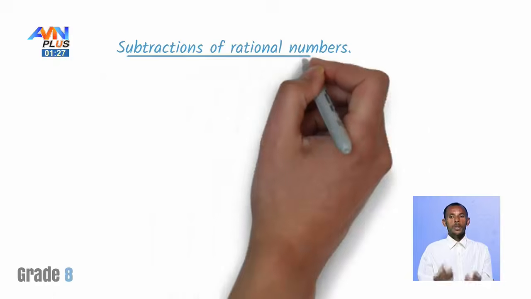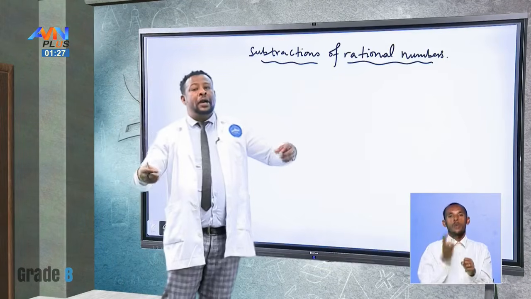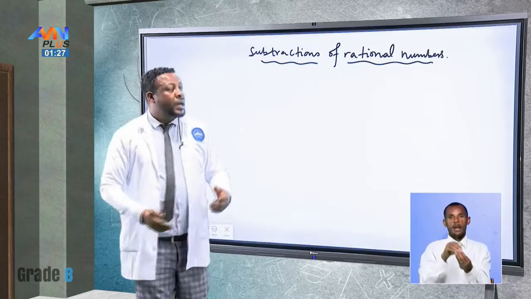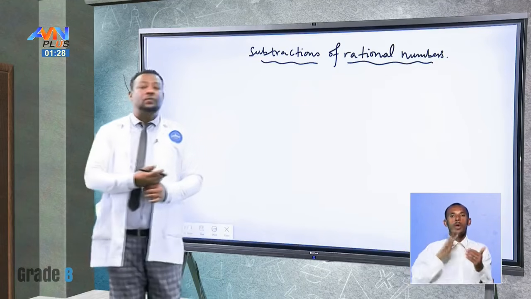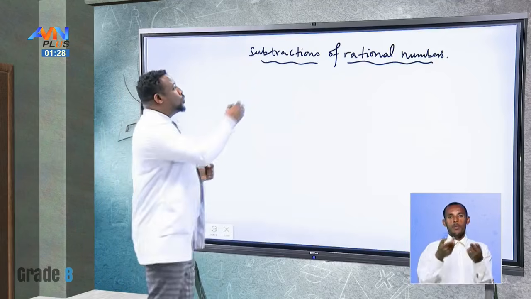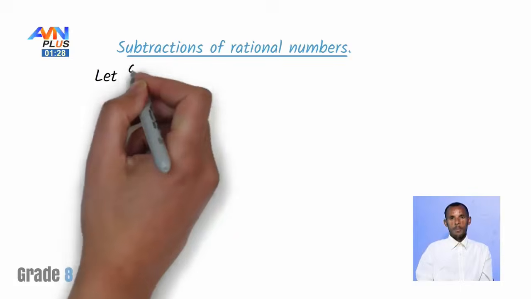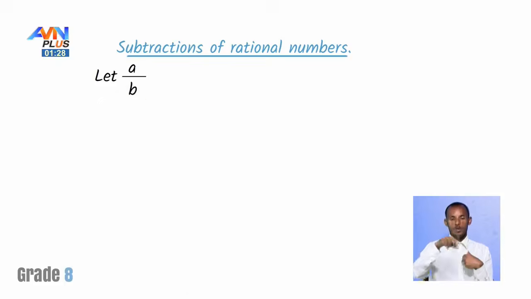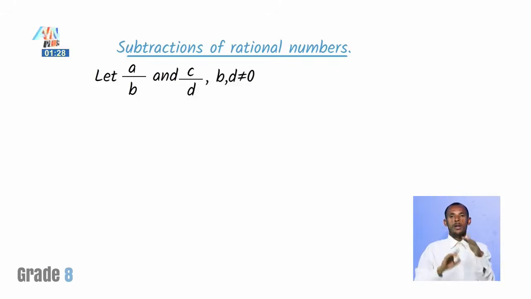When we come to the second operation, already we have seen how to add rational numbers. Next, we have subtraction of rational numbers. Say we have two rational numbers, A over B and C over D, where these denominators are non-zero.